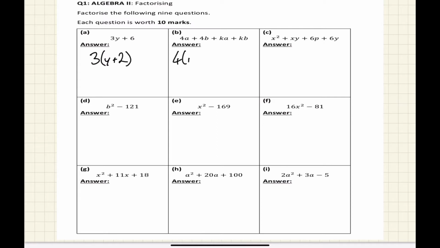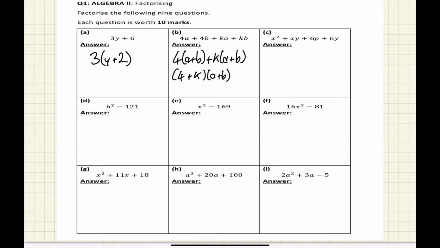So 4 bracket a plus b, and over on this side, k is common to both of these, so you get plus k bracket a plus b. Now, some of us finished here, but this question is not actually finished because there's one extra step. You take the 4 that's outside the bracket and the k that's outside the bracket, and you give them their own bracket. So it's 4 plus k bracket a plus b, and that's your final answer.